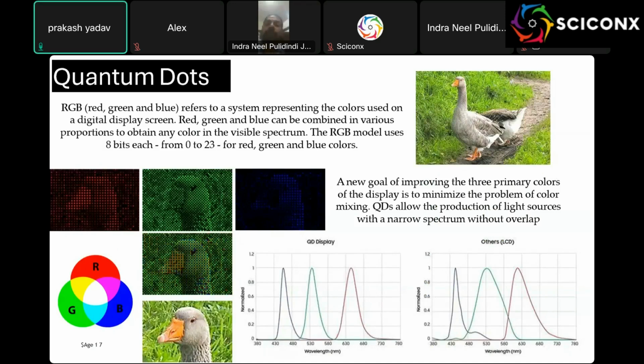But when we use quantum dots, there is no overlapping of the colors. So with quantum dot LEDs, the image is very high resolution, and we don't need any filters. That's why the cost is also decreased due to quantum confinement.